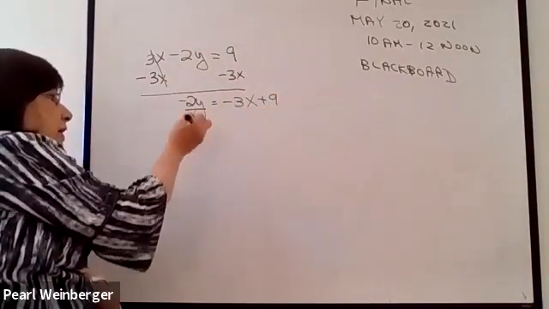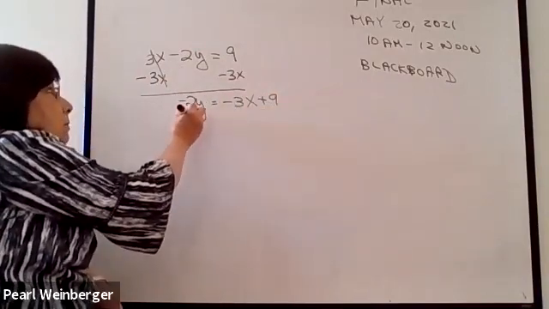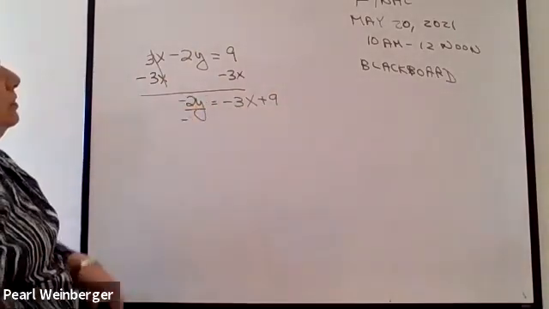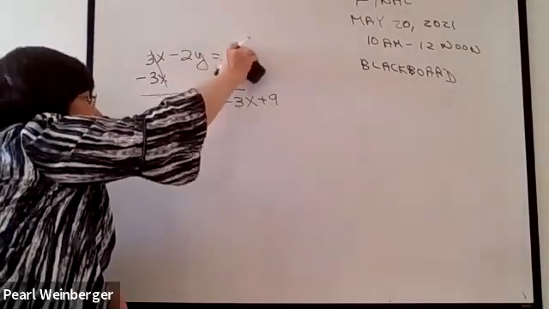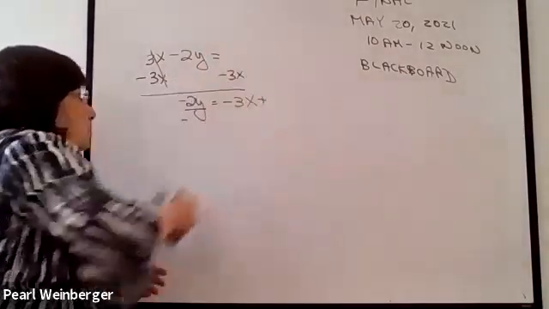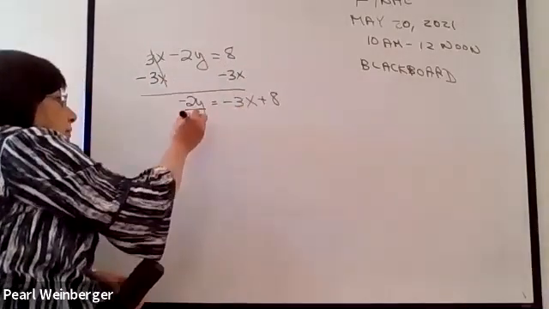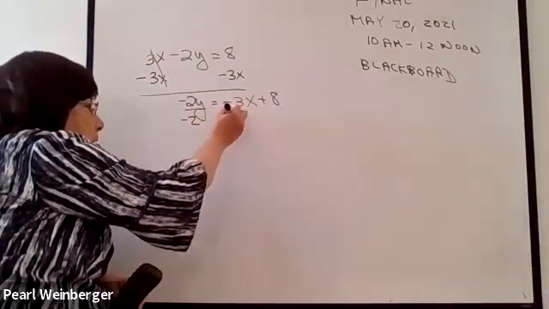And then I have to divide everything by negative 2. I really should have changed this, because they're not going to give you one with a fraction. I'm going to make it an 8.